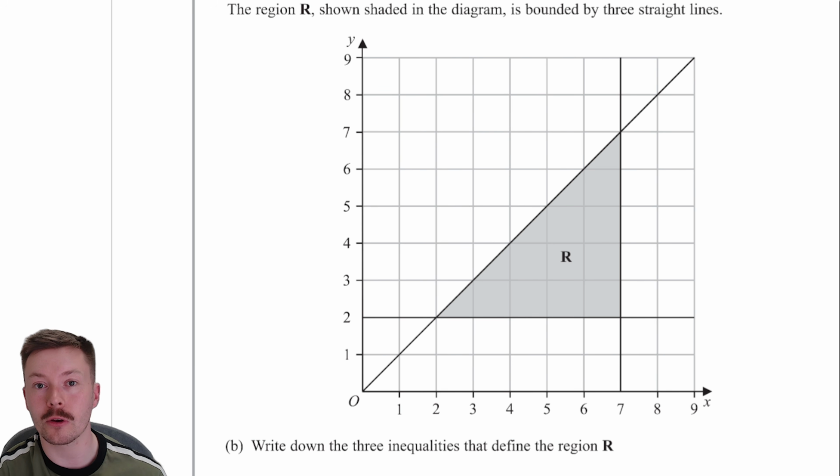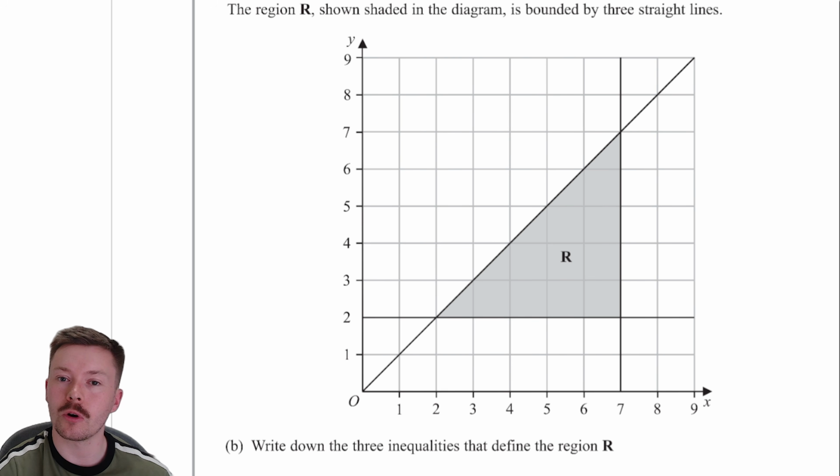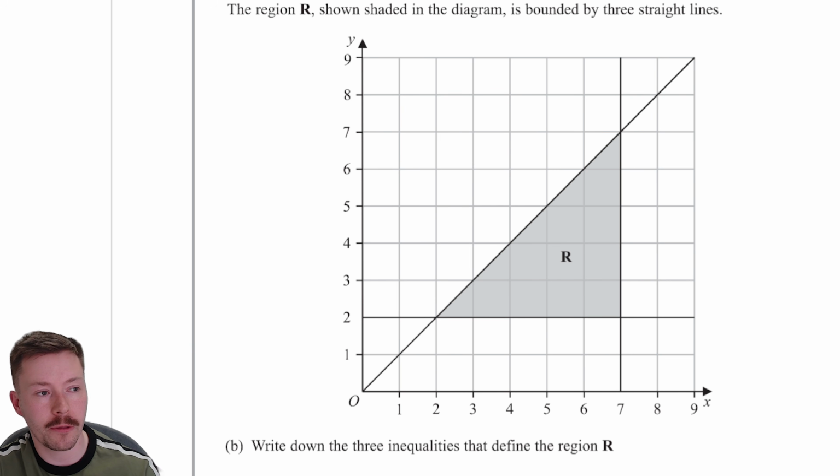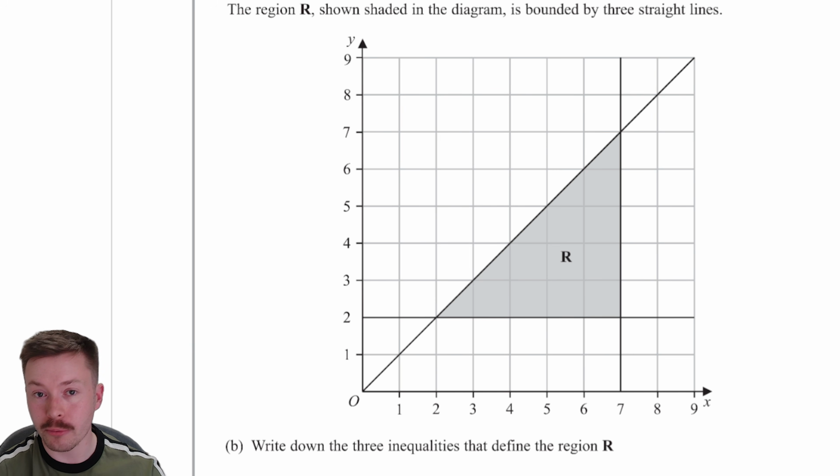So the first thing we need to do here is work out the equations of each of these straight lines, and then we need to work out the inequality to replace the equals with. So the vertical and horizontal lines are pretty straightforward. So this vertical line here, going up from the 7 on the x-axis.